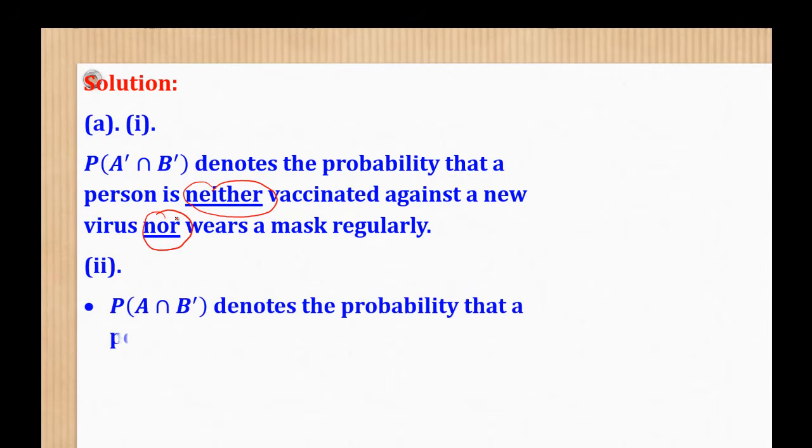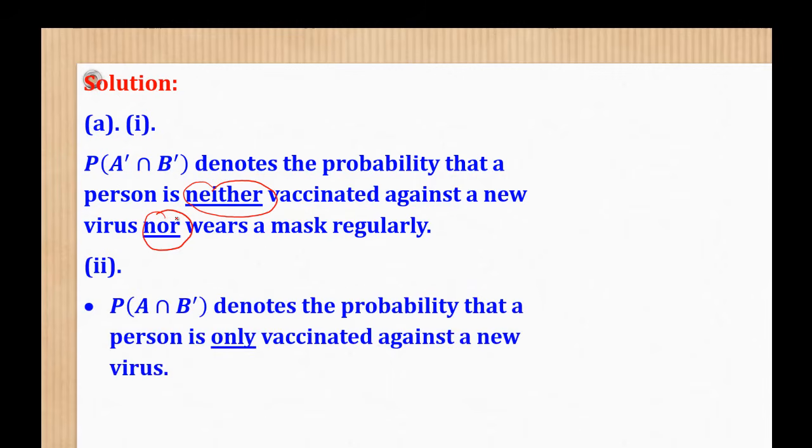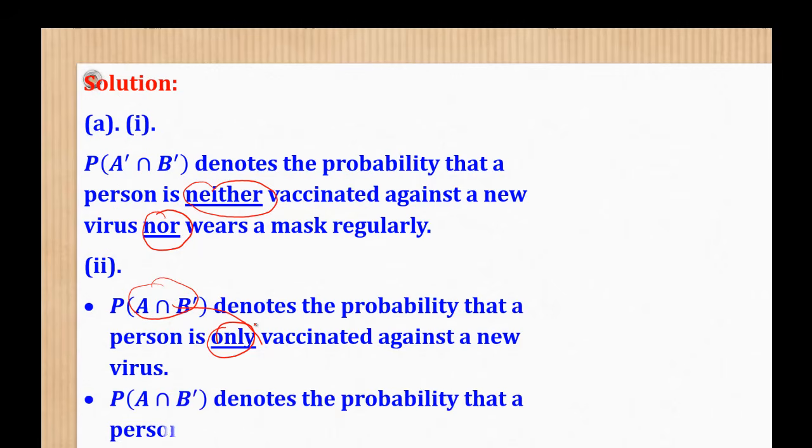Then this one denotes that a person is only vaccinated against a new virus, because this one means A only, and A is about being vaccinated against a new virus. Or you can tell us what each means. So this one you can say just the person is vaccinated against a new virus and, to mean intersection, does not wear a mask regularly.